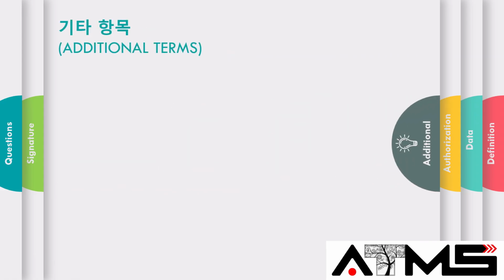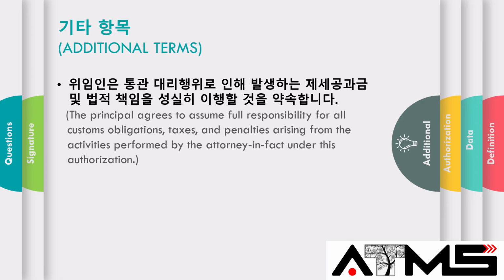There is a critically important clause that must be included and fully understood, which is that the principal agrees to take full responsibility for any duties, taxes, or legal consequences resulting from customs representations. This is often overlooked. Some importers or exporters mistakenly assume that since they've authorized a customs broker, any issues are solely the broker's responsibility.